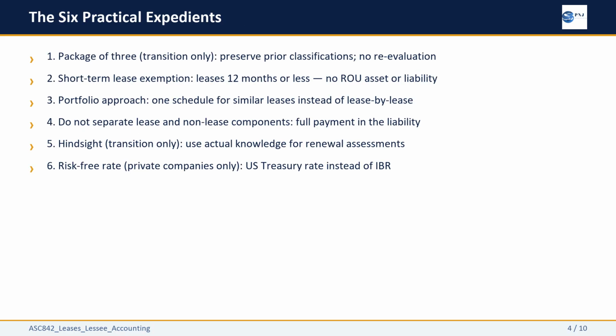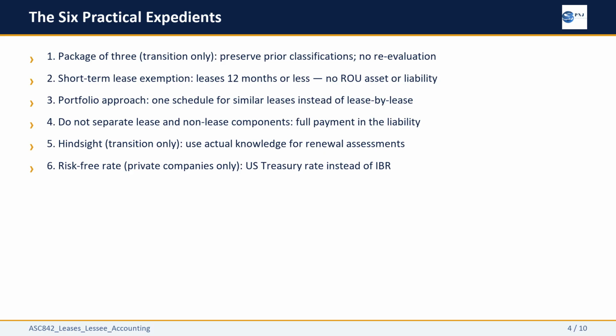6 expedients are available. The package of 3 was a transition-only election that preserved prior ASC 840 lease classifications, avoiding the cost of reevaluating every existing lease. The short-term lease exemption excludes leases with a term of 12 months or less from the balance sheet. They are expensed straight-line like old operating leases. The portfolio approach lets you group similar leases, say, all identical vehicle leases, and calculate one amortization schedule instead of hundreds.